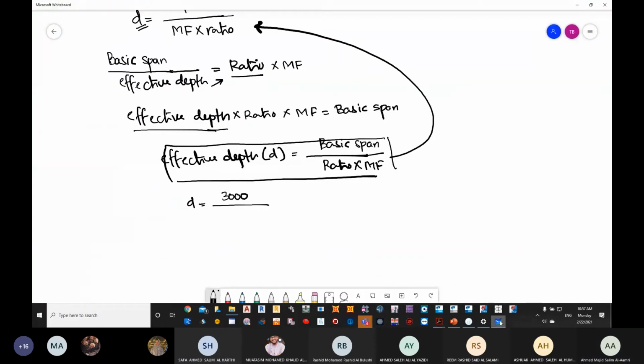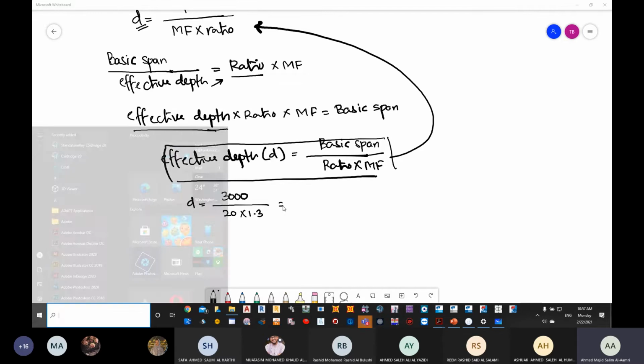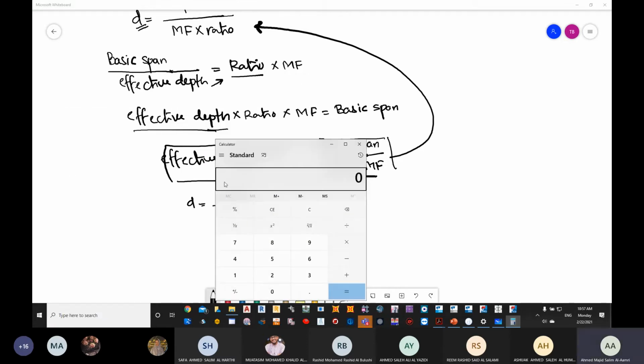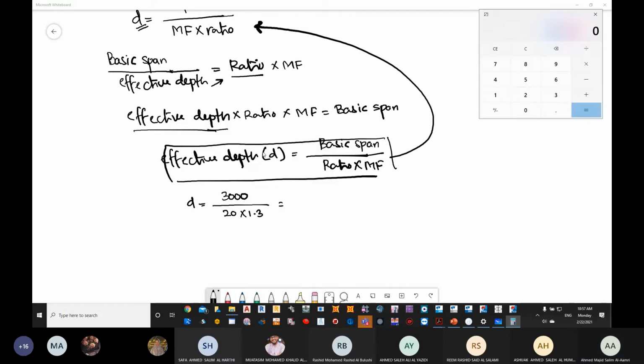So we have 20, and then we have 1.3, which is the modification factor. Can you give me the value here? So 3000 divided by 26 gives around 115.